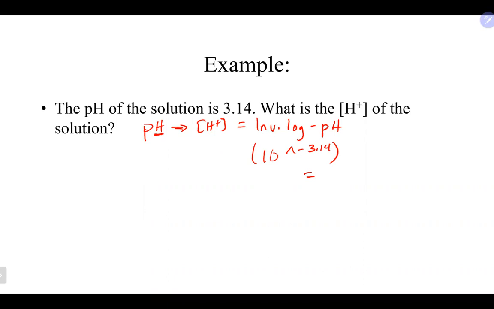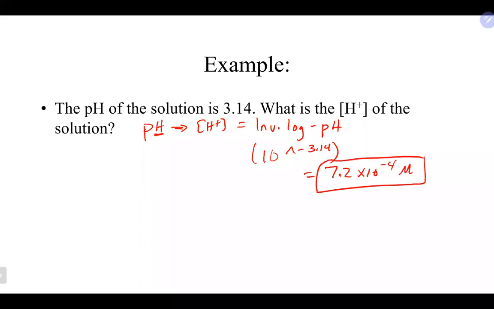I'll try that again on my calculator. It doesn't want to cooperate. There we go. We end up with 7.2 times 10 to the negative 4 molar in this case.